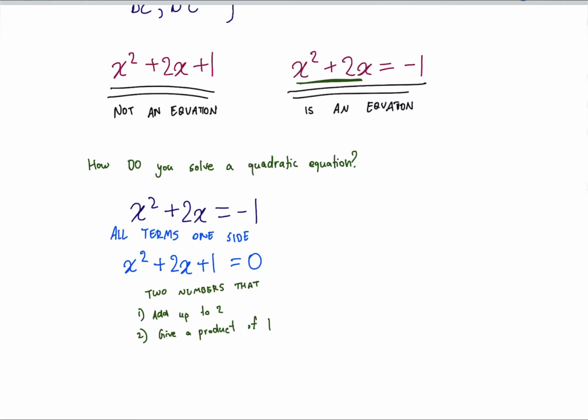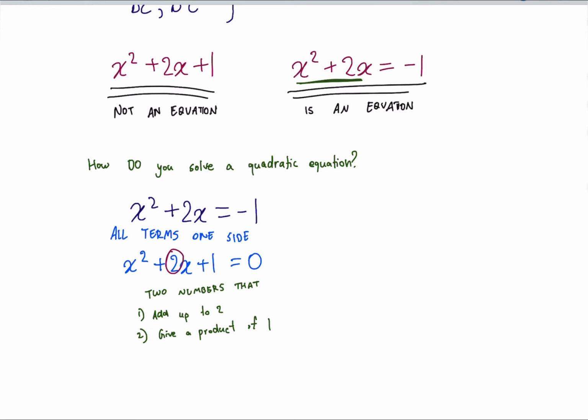If you look at the equation, the coefficient of x is 2. So you want two numbers that add up to the coefficient of x, which is 2, and multiply to the constant, which is 1.